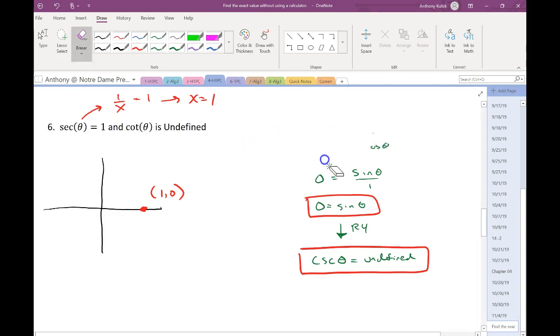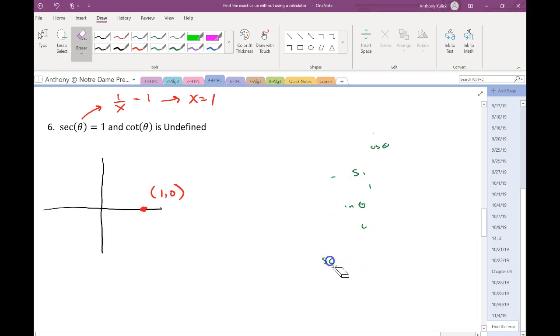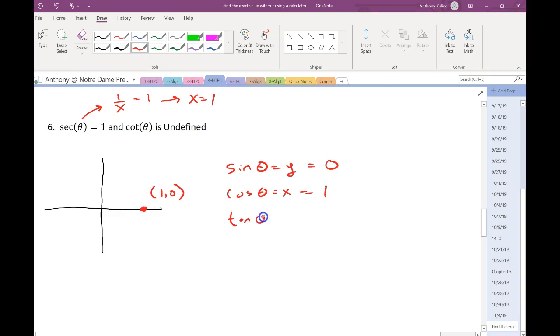That's all I need. If I do that, I know that sine theta is y, so that's 0. Cosine theta is x, so that's 1. Tangent theta is y over x, so that's 0 over 1, that's 0.